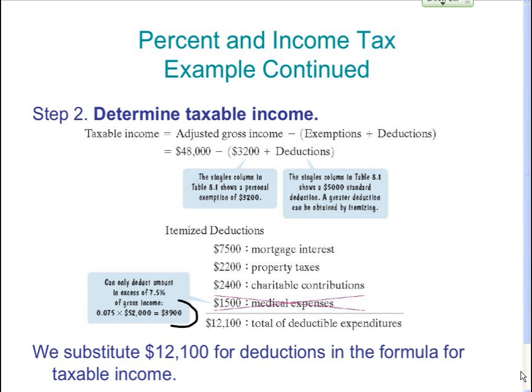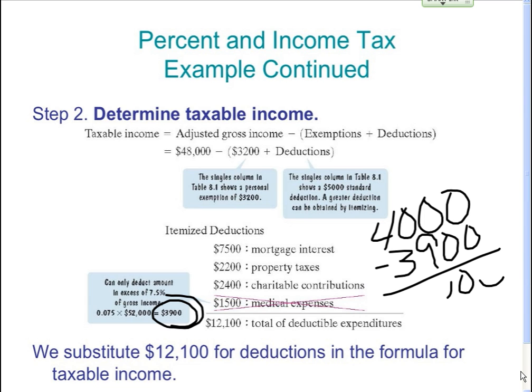So if she had $4,000 in medical expenses, she could deduct $100, because that's the amount over the 7.5%.